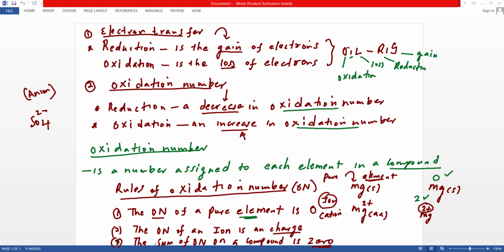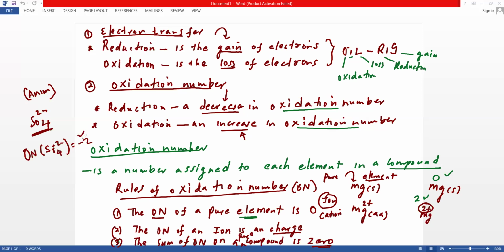I apologize. The sum of the oxidation numbers of a pure compound, not necessarily an ion, of a pure compound is 0. But if we talk about this ion, the sum of the oxidation numbers will be -2.